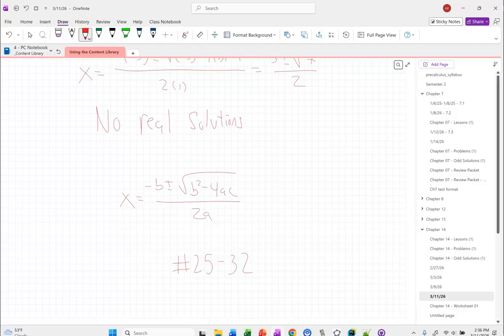What'd you think of this? It was alright. Again, it's the way I'm presenting it, same way every single time. They typically don't get bad if you do it the same way every single time. I will warn you though, if you get to a point where it's like, I can't solve this by factoring, it means you didn't multiply by the least common multiple.